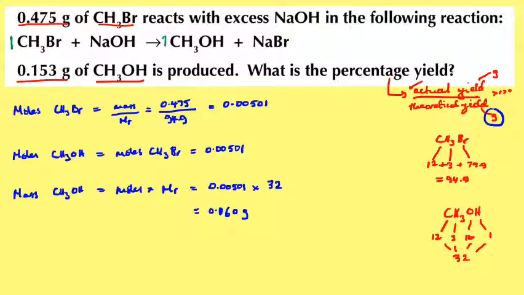Okay, so we had our actual yield from the question, and we've now worked out our theoretical yield. So we have the two components of percentage yield. Let's work out the actual number.